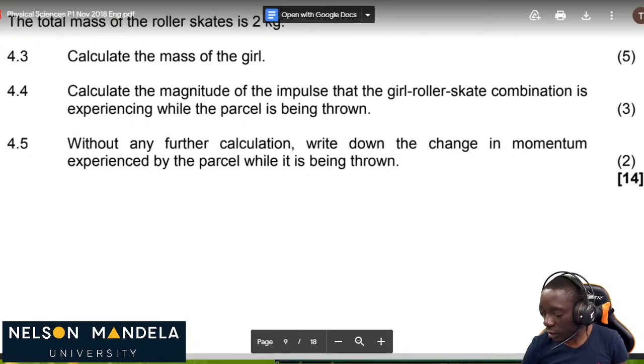So that's VL final. This is VL initial. So we'll call momentum impulse or change in momentum delta P. We use a letter P for momentum. You can use P. So this is the impulse.